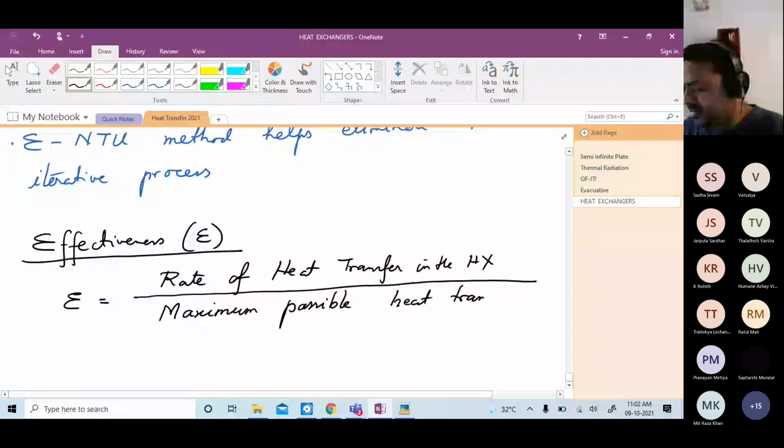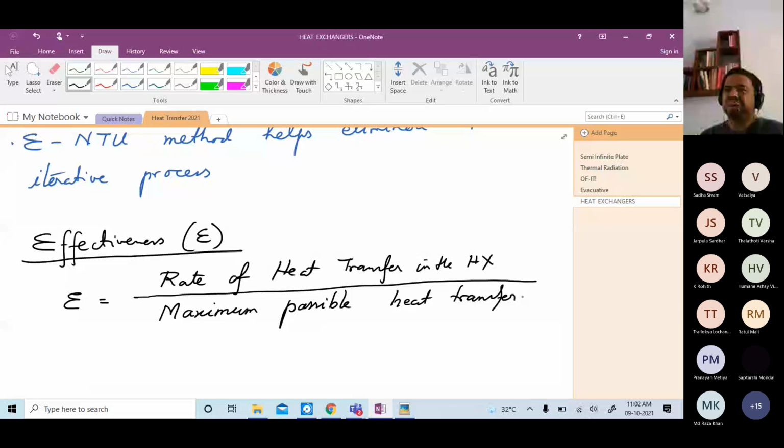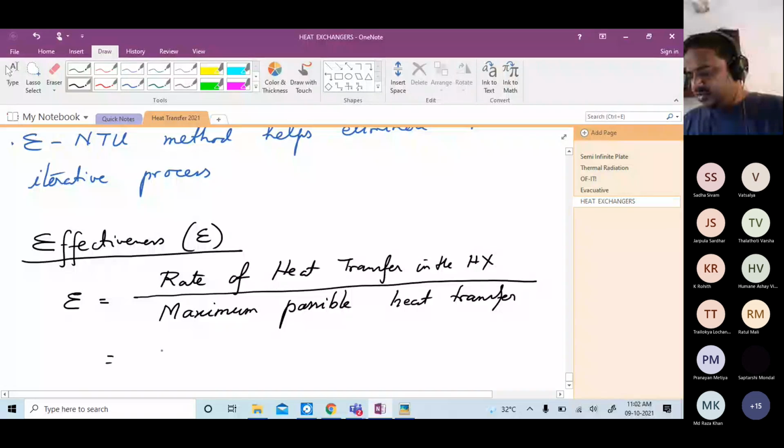Okay, this is effectiveness, not efficiency, even though this is what it is called. I cannot help it. Because remember, it's a little confusing: when we talked about fin effectiveness, it is the heat transfer I get with the fin versus the heat transfer I would have got without the fin, and that effectiveness should be greater than 1. This effectiveness, by definition, has to be less than 1, right? Because this is like Q over Q max.